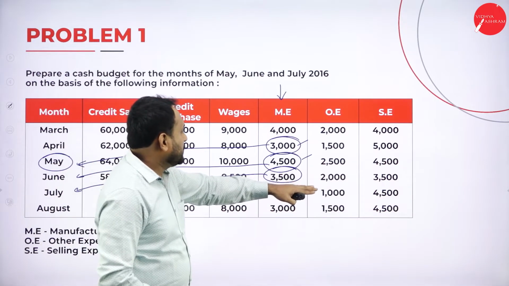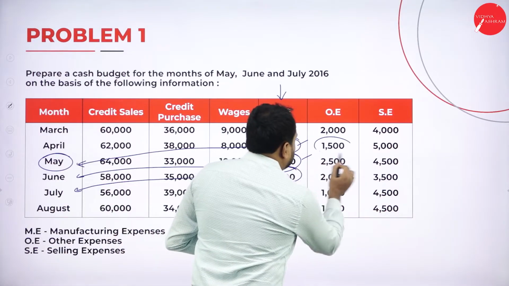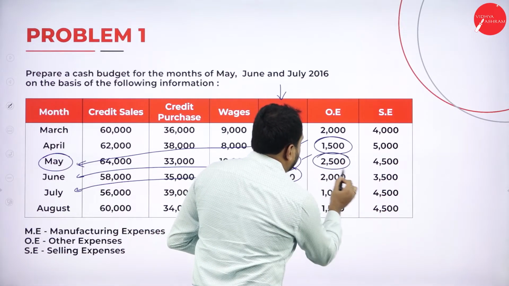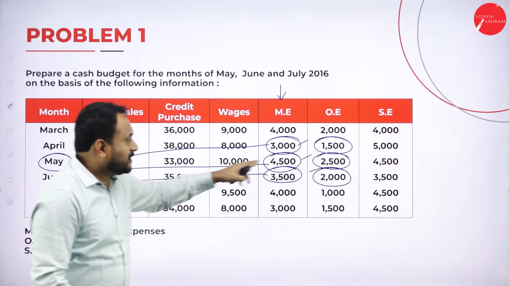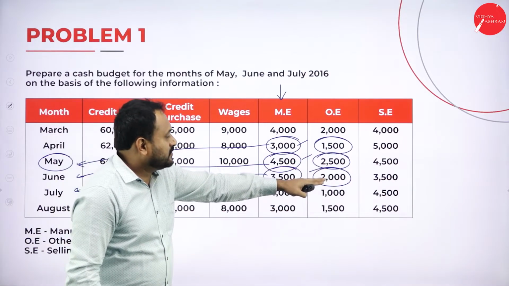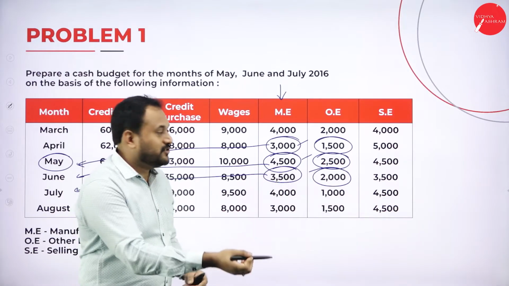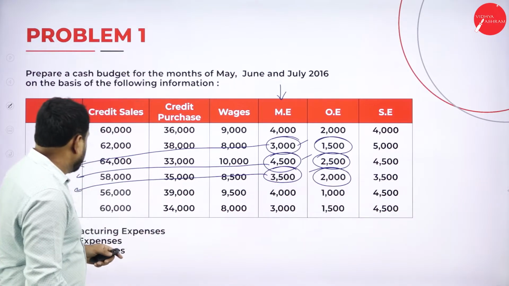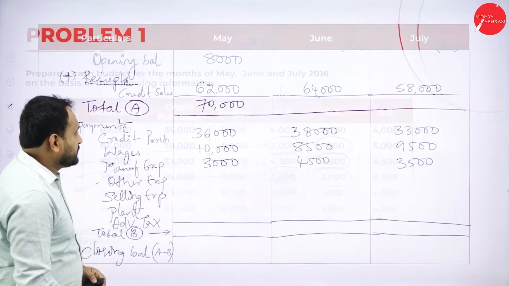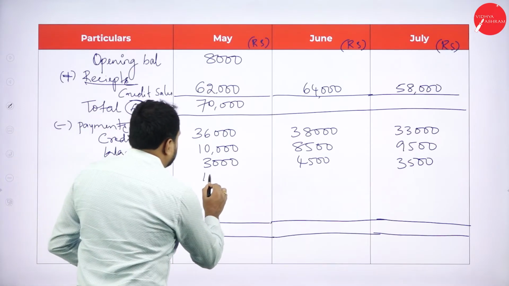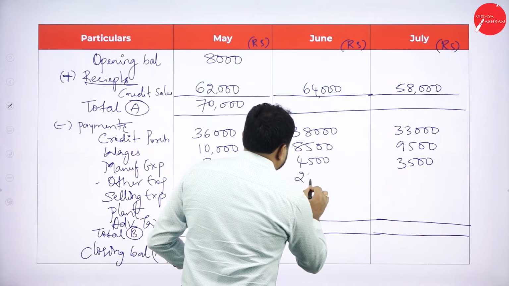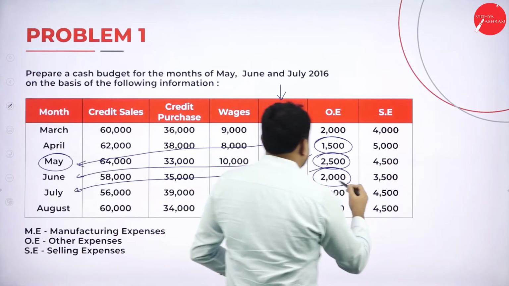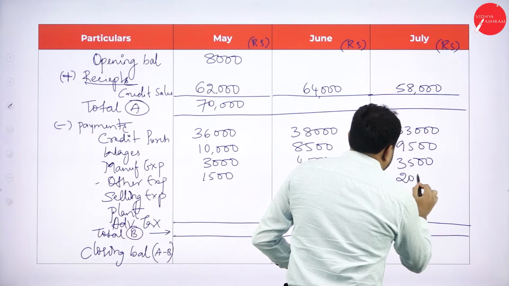So we have 1,500, 2,500, 2,000. This 1,500 I'll pay in the month of May, 2,500 in June, and this 2,000 in July. So here I'll write 1,500. Then I have 2,500, and then the last one is 2,000.